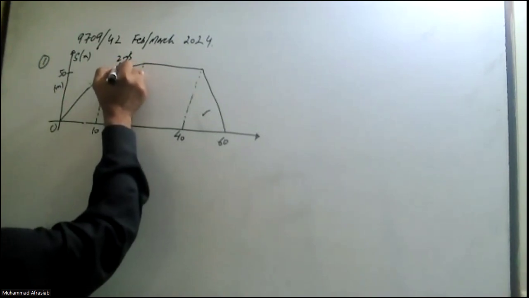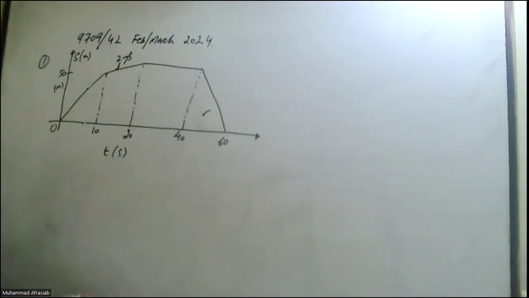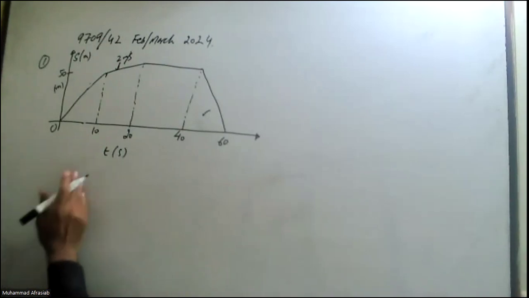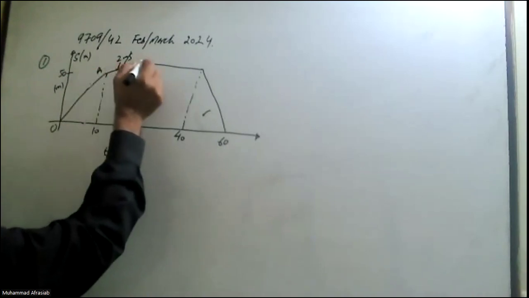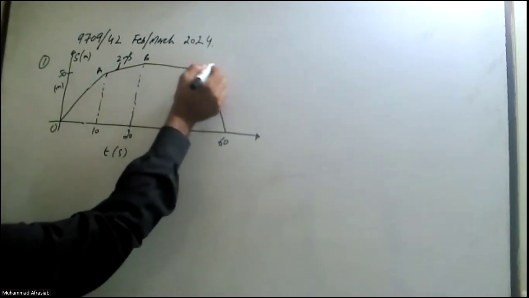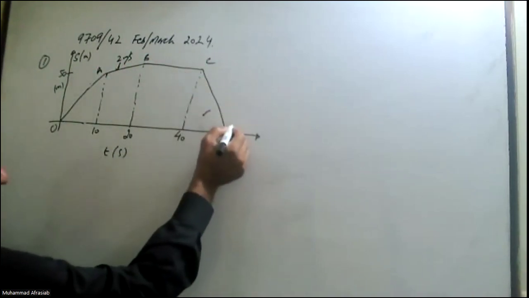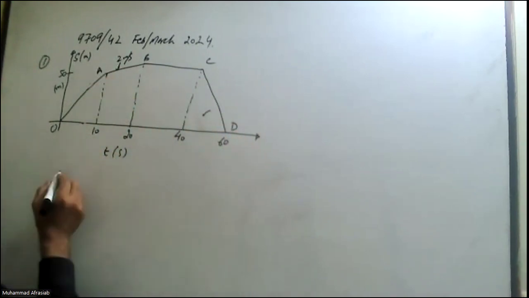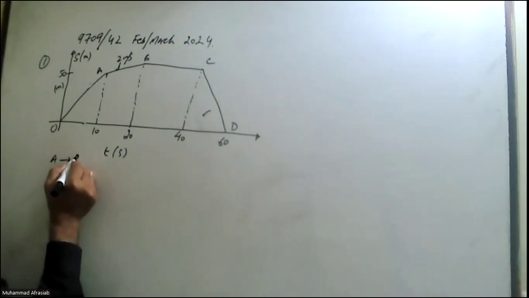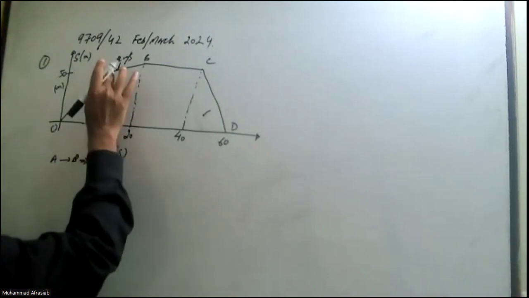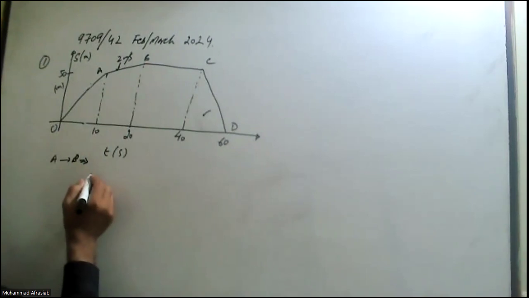Let's say the points are A, B, C and D. From A to B, the speed is constant, which is 2 meters per second.